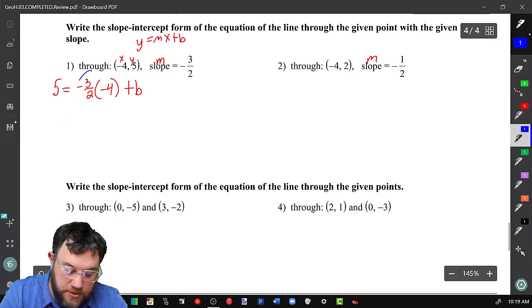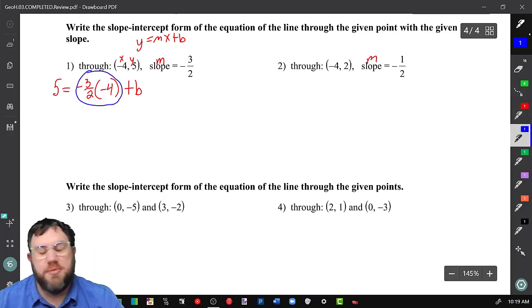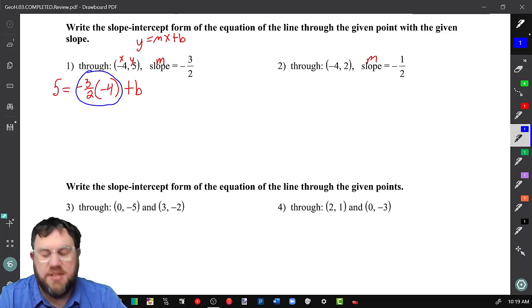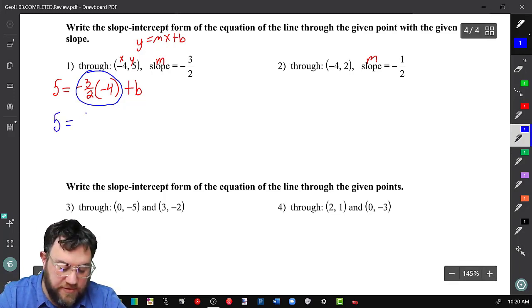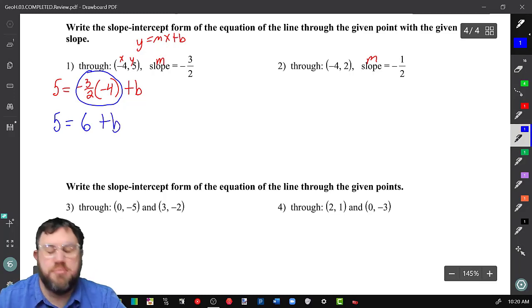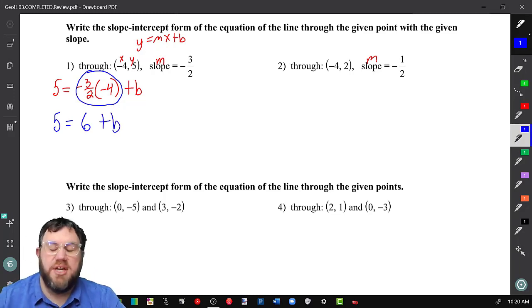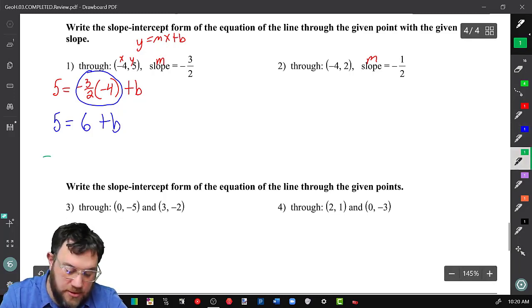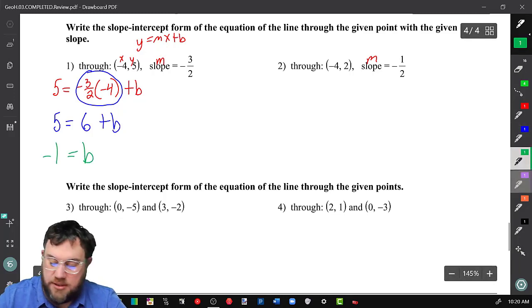So we need to simplify this part, and this is going to be the same process every time. Negative 3/2 times negative 4 is going to give us positive 6. So 5 equals 6 plus b. Then we need to get b by itself, so we'll subtract 6 from both sides. So we get negative 1 equals b.